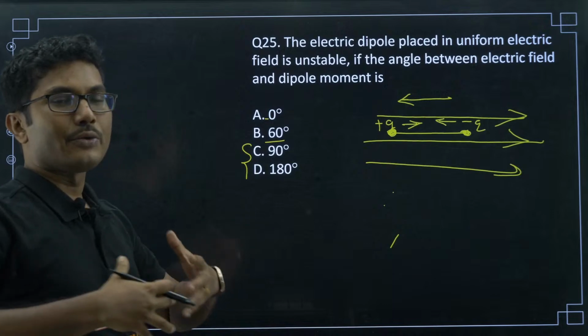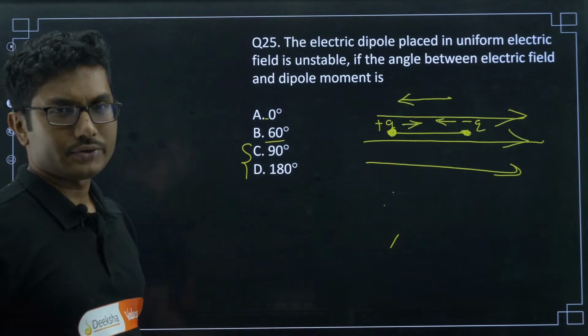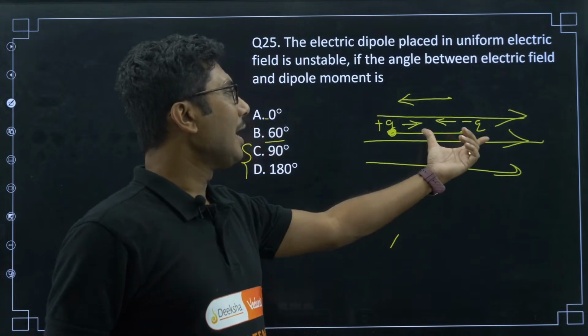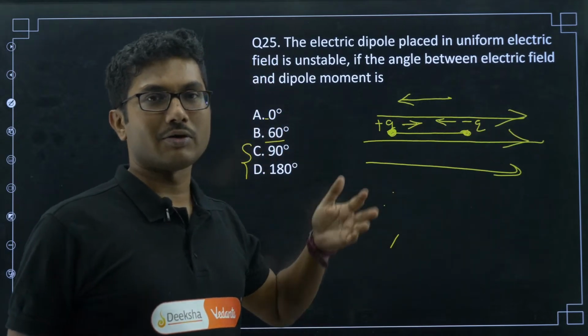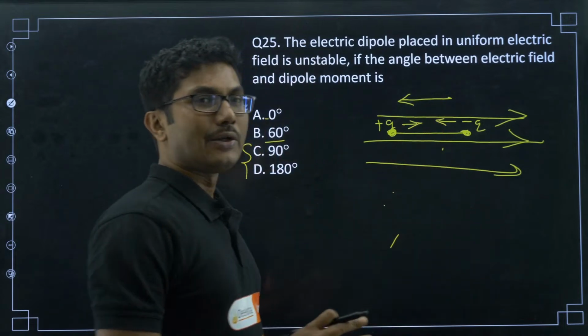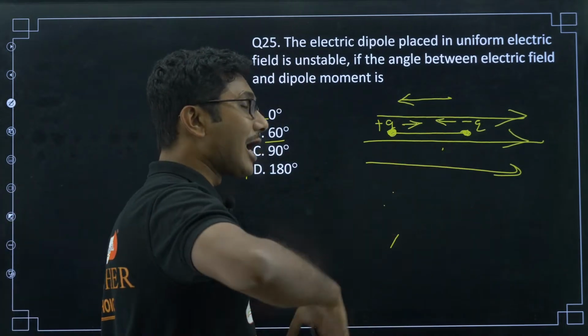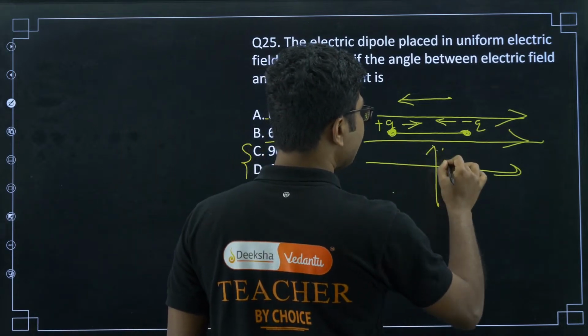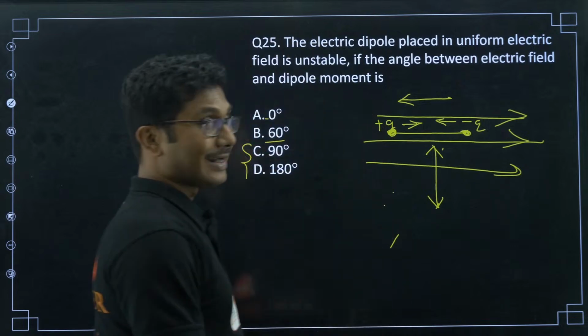They will tend to cancel each other, but any net force would only make it move in a straight line. That is not the instability. Instability is if you release it, it will start rotating. Rotational instability is what we are talking about, and it happens at the 90 degree position.